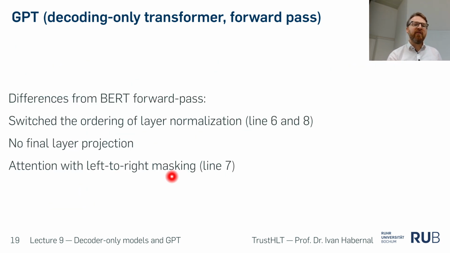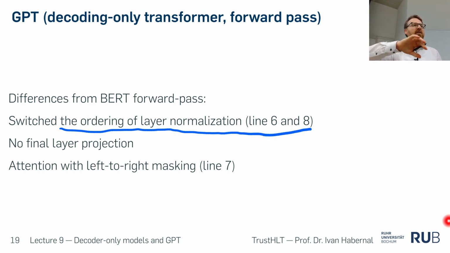As I said, the differences from the BERT forward pass are that we switch the ordering of layer normalization, so now it's before going through the self-attention, and there's no final layer projection. We keep the same matrix, the same rows of embeddings, from layer to layer.